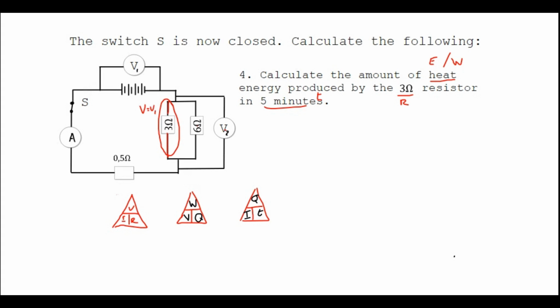Do we have the current? No, we do not have the current through the 3 ohm resistance. We have I total, but we don't know how it splits. Let's tick this off. We definitely have the voltage. We've got the resistance itself. We do not have current. They want work, so that's the whole point of the problem. Do we have charge? No, we don't have charge.